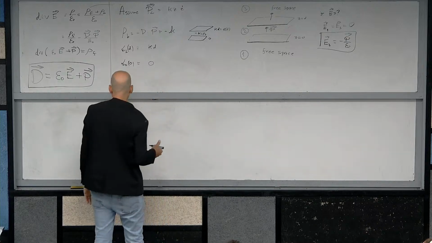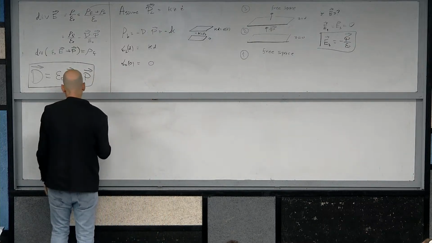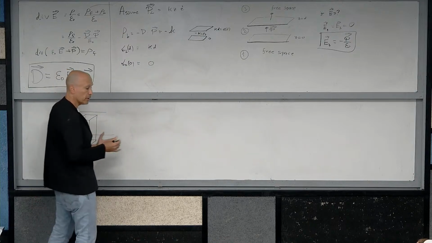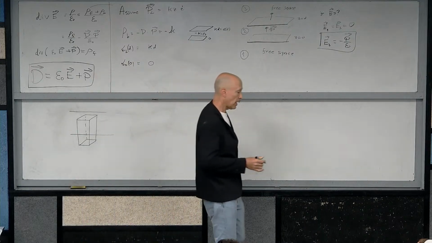Let us look now at two boxes. We have this thing, and let's call this box, I call it a gauge box. I don't know if this is a good name. This is a theoretical box that I built here. And what do we know?